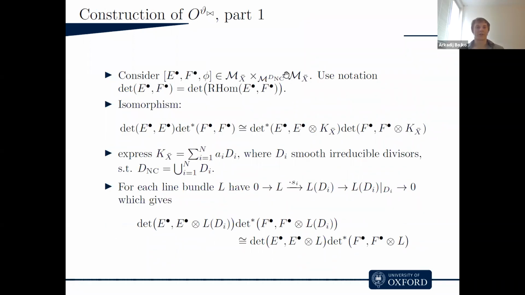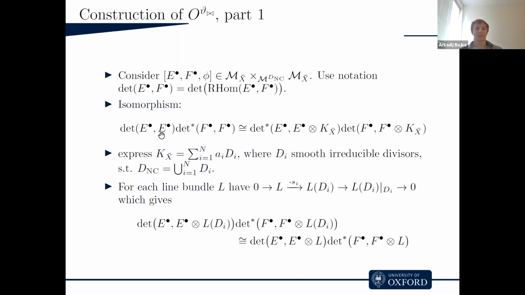So let me talk a bit about the construction of this, from which will also follow what this bow tie is. So if one takes two perfect complexes identified by some quasi-isomorphism on the divisor at infinity, I will use for simplicity the notation that EF is the determinant of the Ext complex between E and F. One has then the isomorphism induced by Serre duality, but this time Serre duality also has this additional canonical bundle because it's not trivial, because you compactify it.